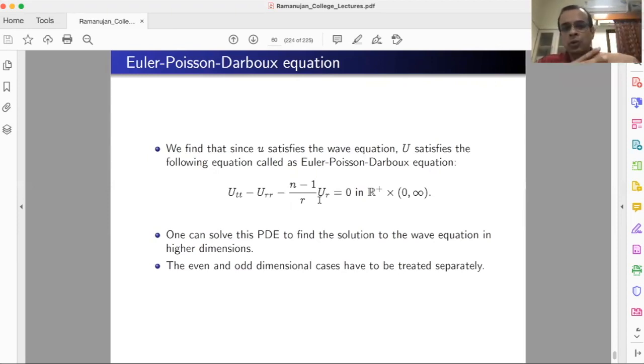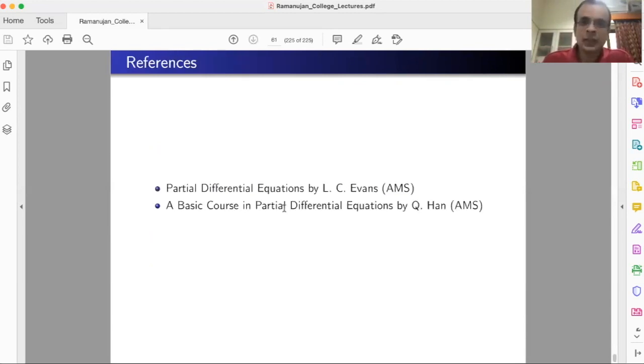In fact, what you actually do is you solve the wave equation in odd dimensions, and then based on that, you construct the solution in the even dimension. This is what is called the method of descent. This requires a few steps, but the solution that you find is motivated by what happens in the one-dimensional case. And this is what I wanted to motivate. So thank you very much.